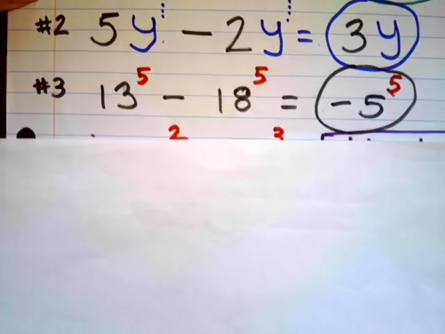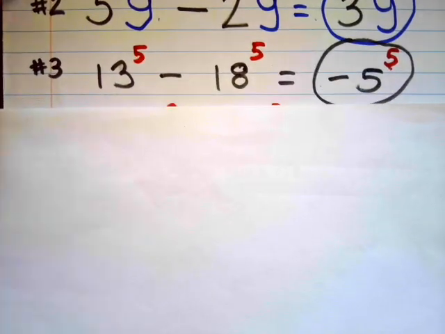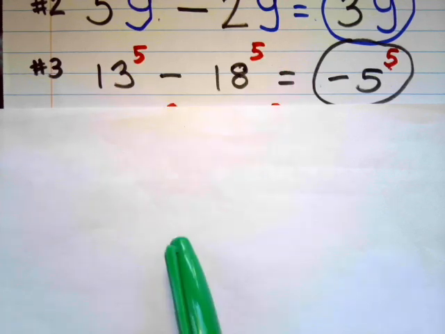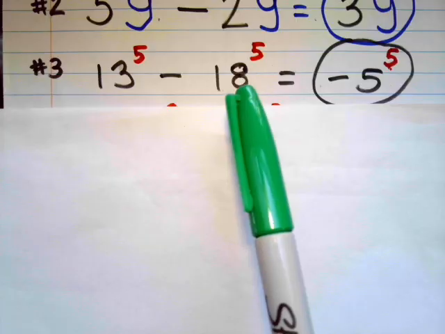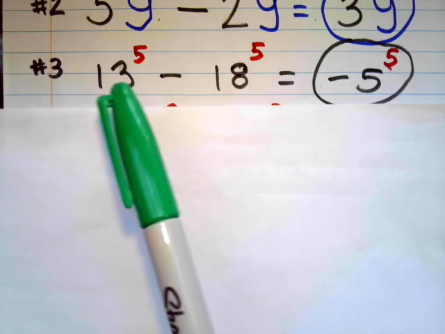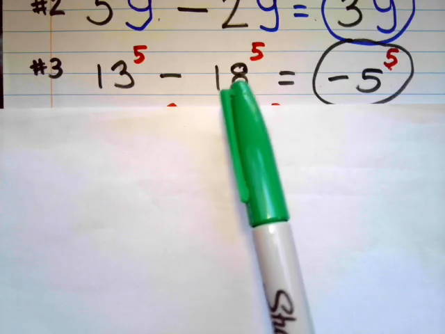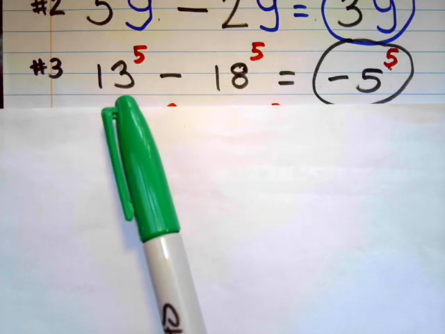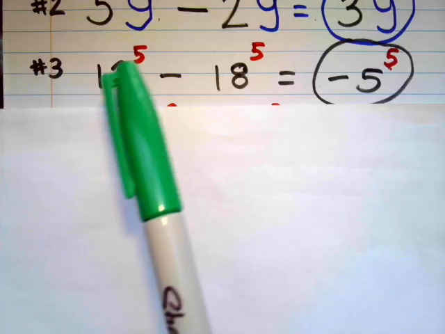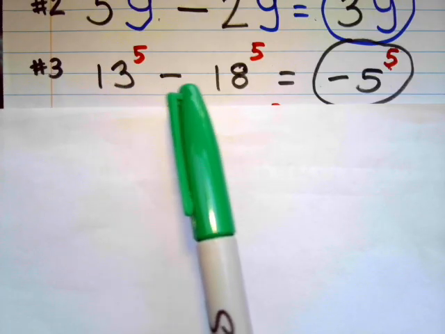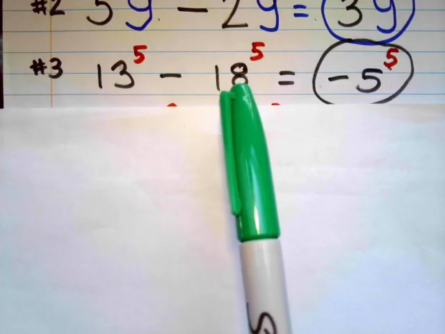Hey, let's take a look at problem number 3. We have 13 to the fifth power minus 18 to the fifth power. Coefficient, coefficient. The bases are the same, right? One coefficient with another coefficient to the power of 5, to the power of the 5. We can then subtract 13 minus a positive 18.